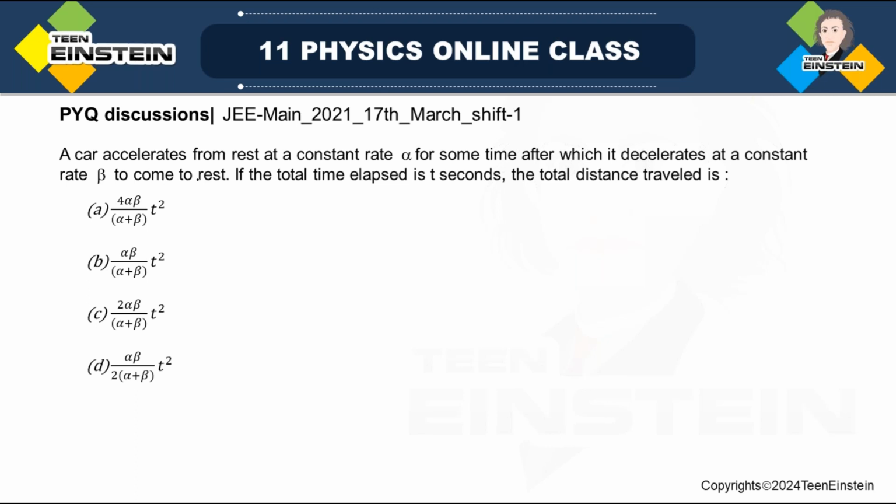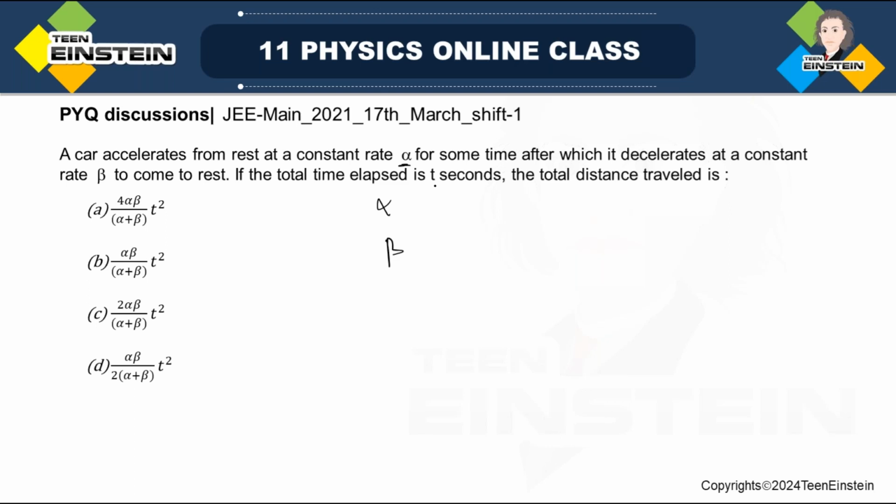This problem says a car accelerates from rest at a constant rate alpha, so this is the acceleration, for some time, after which it decelerates at a constant rate beta to come to rest.